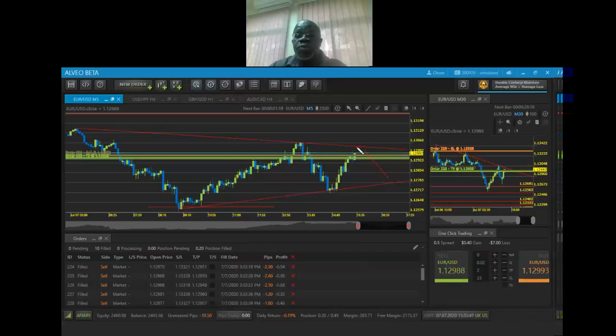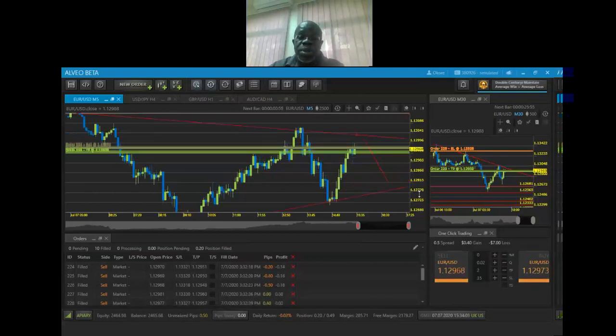Now it's going up to visit that place, and then it'll come down. So actually, ideally, I should be taking some buys, up to somewhere close there. But let's see, because it's already turning. As you can see, I'm already doing 2 or 3 pips, but I'm waiting for it to turn completely.